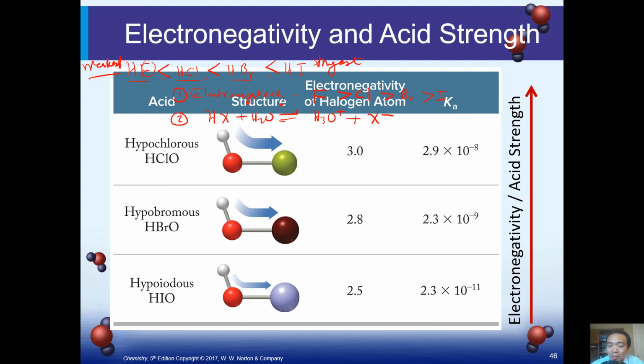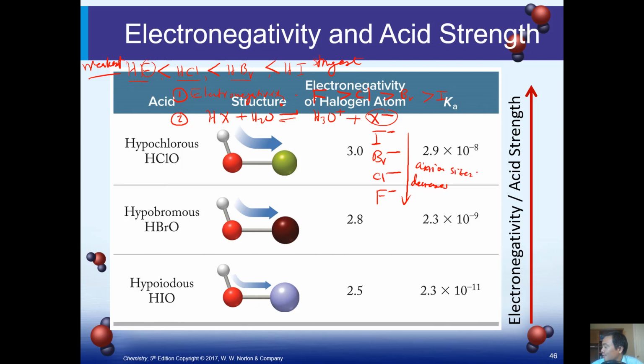So for iodine, I minus is much, much bigger than Br minus, then Cl minus, then F minus. See, the size of the anion from top to bottom decreases.